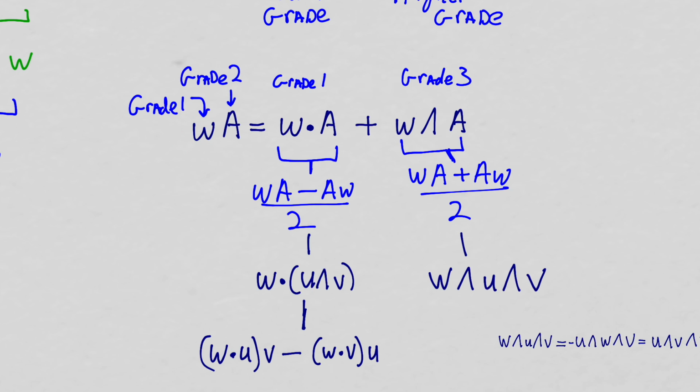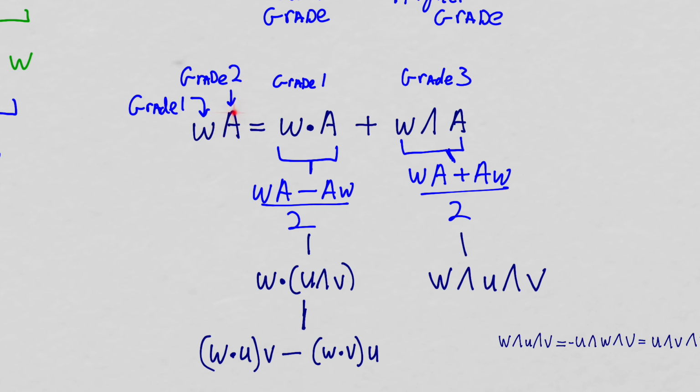What the vector will do is take the grade of whatever it's multiplying, in this case a grade 2 object, but it could also work with a grade 1 object, a grade 2 object, 3 or 4. But it will give you two pieces, one which is one grade lower than what it's multiplying. So the vector factor is grade 1, but this other factor is grade 2. This first piece is one grade lower than the grade 2 object. The second piece is one grade higher.